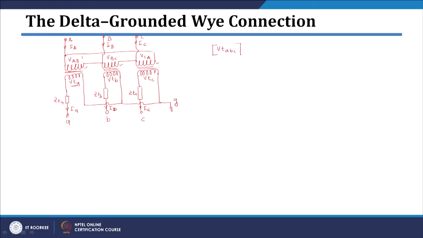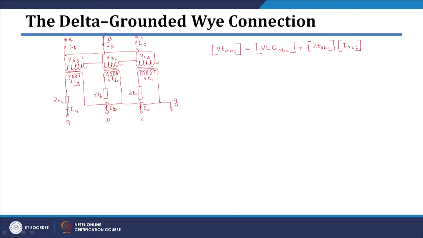VTABC, which are basically the terminal voltages, we can easily write. They will be equal to VLG ABC, since this is a ground connection, plus the impedance matrix ZTABC, which is again a diagonal matrix of 3 impedance entries, times the line currents, which are basically small iABC.